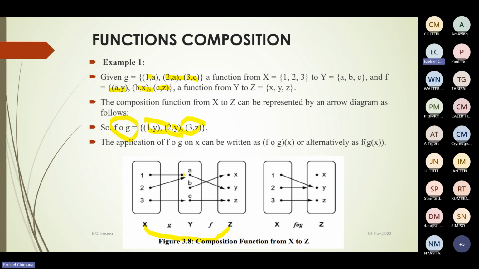If you put some of these values on this side, you are going to get these values which are here. So that's the composition function.